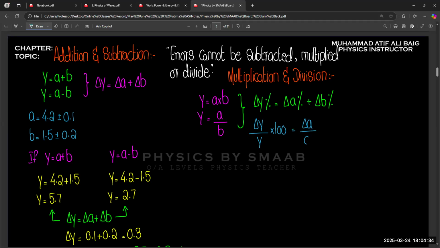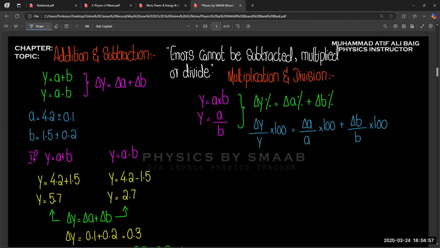uncertainty divided by true value multiplied by 100, plus uncertainty divided by true value multiplied by 100. So this is the idea of percentage uncertainty.